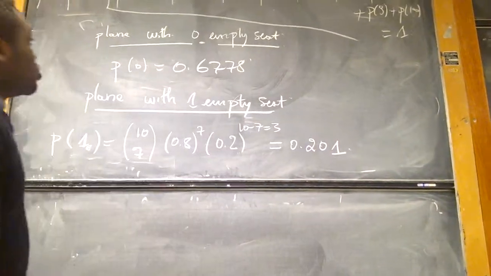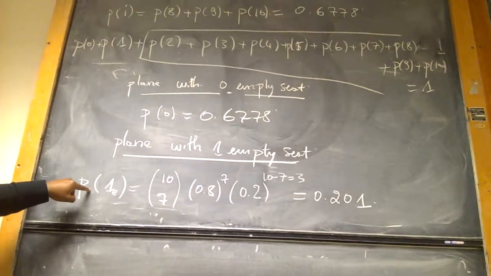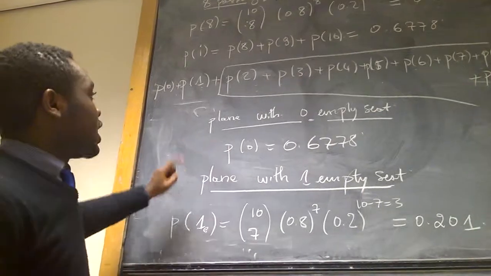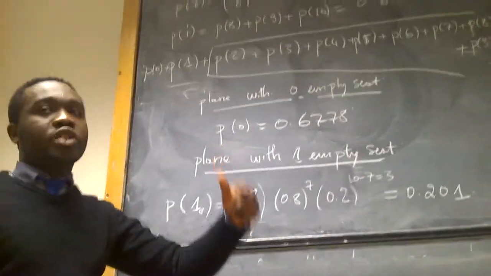So we've got the probability of one empty seat and 0 empty seats. As I explained before, you just have to add them together and deduct from 1.